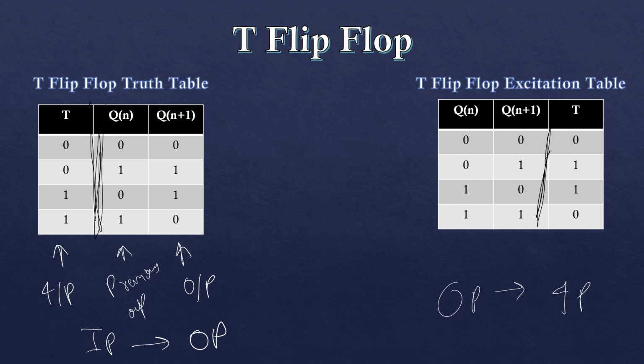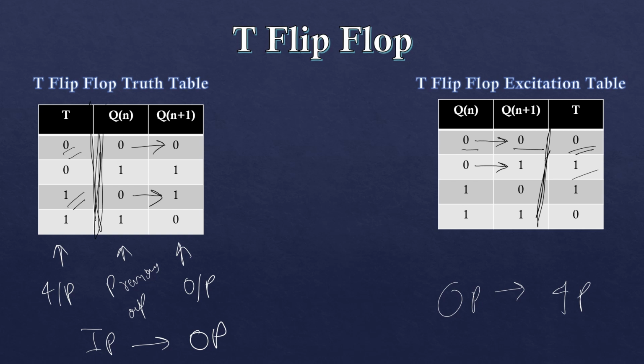You can see, Qn is 0 and Qn plus 1 is 0. So Qn value has been changed to 0, means 0 will change to 0. In the truth table, you can see for 0 to 0 the T value was 0. So we write 0. Now, when Q value changes from 0 to 1, what was the T value? 1.